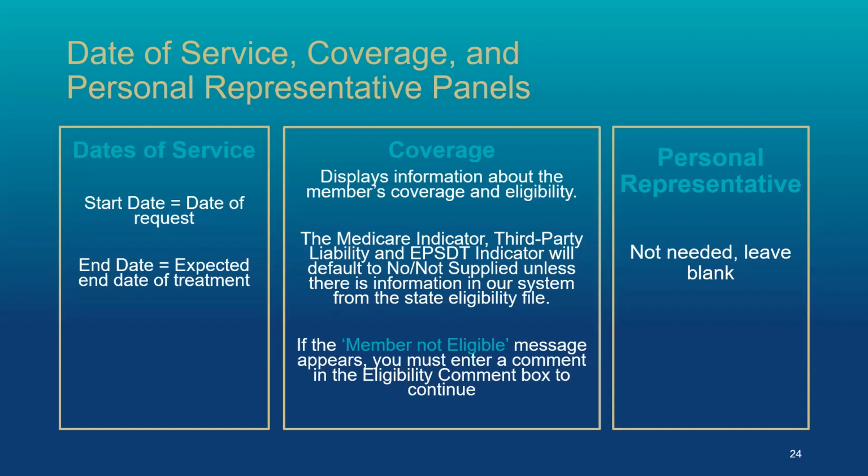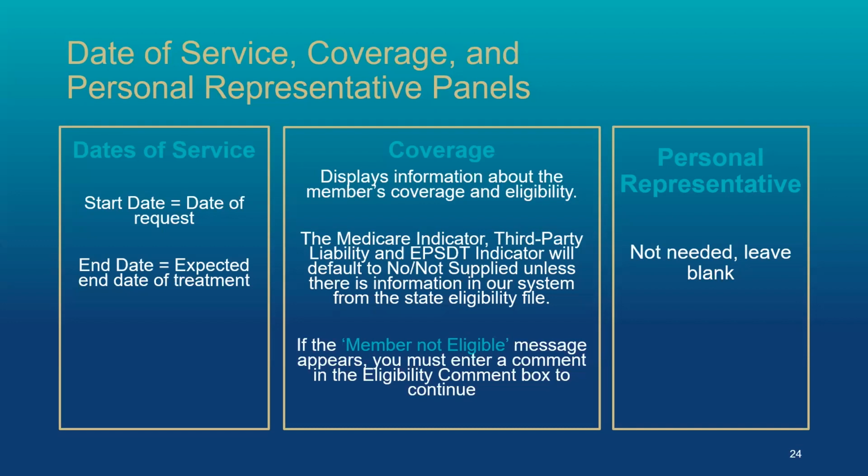If it sees that somebody has Medicare, it may think, oh, this person has Medicare, so they shouldn't need to submit this under Medicaid, and so it'll say the member may not be eligible. You would just go into that eligibility comment and put a simple note, like has current Medicaid. If you don't put a note, it won't let you move past it. So you have to put a note in there and then it'll let you move on.